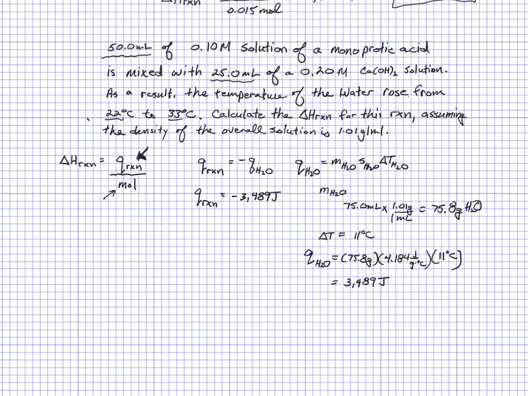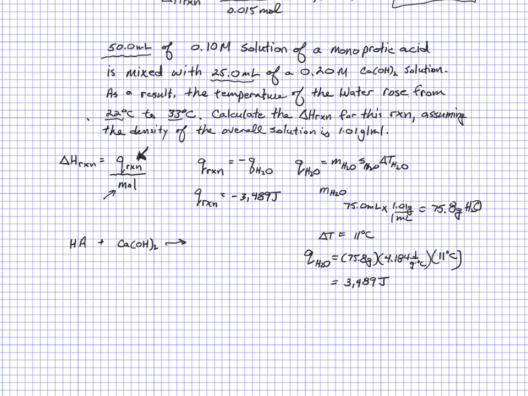Well, let's think about this reaction. We're told that the acid is monoprotic, so we'll just call it HA, and that it's reacting with calcium hydroxide, which has two hydroxides on it.